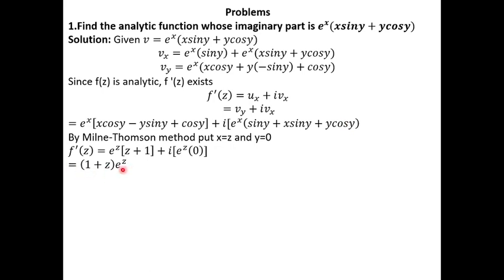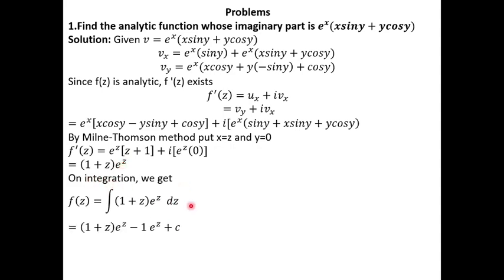Now apply the integration for this term. How to apply the integration? Here we integrate by parts. Here which is the first function? First function is 1 plus z and second function is e power z. Therefore on integration we get like that. Now apply the integration.